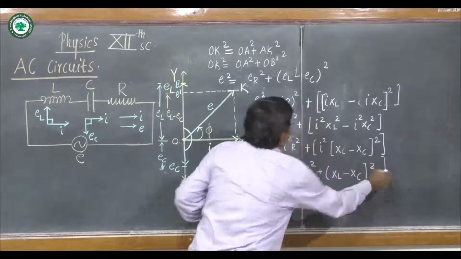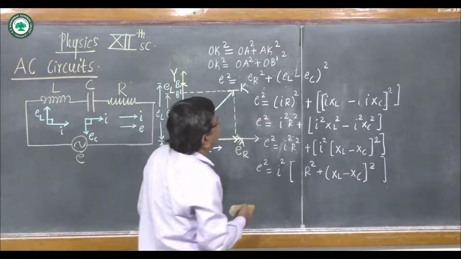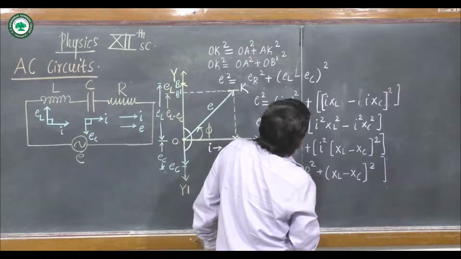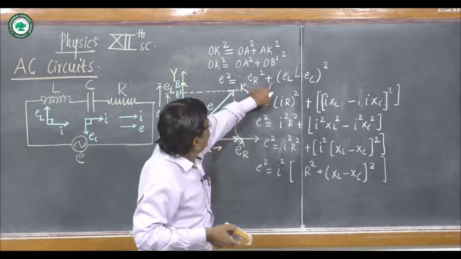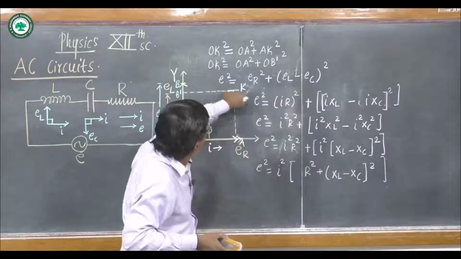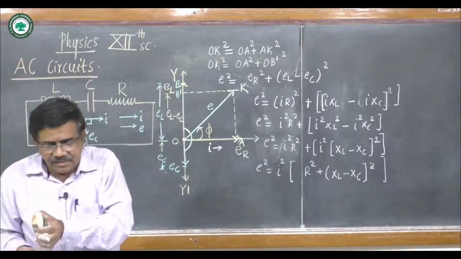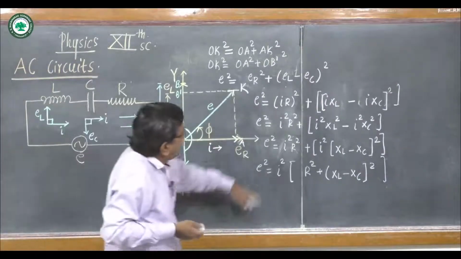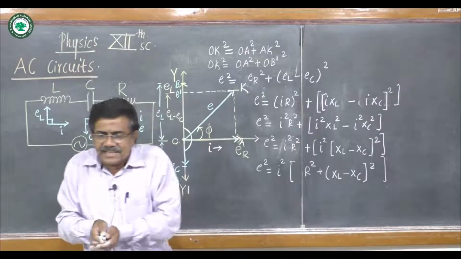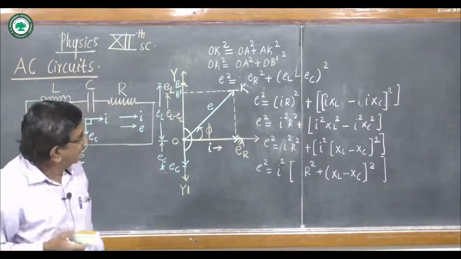That is ER square plus EL minus EC square. What is ER? This is IR. So IR square plus EL is IXL minus IXC bracket square.